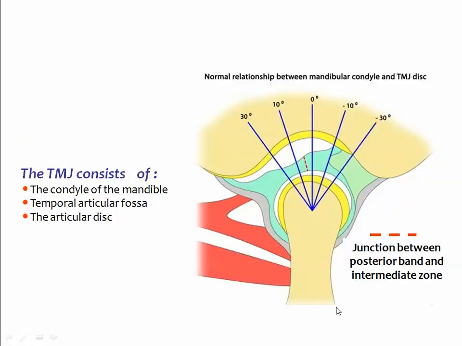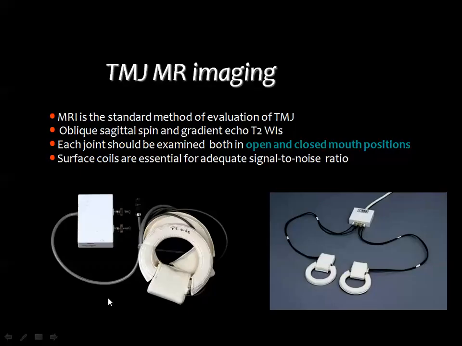Then the temporomandibular joint has three main components: the head of the mandible or the mandibular condyle, the articular fossa on the temporal bone, and the very important structure in between, which is the articular disc. In order to examine the temporomandibular joint by MRI, we should have a dedicated surface coil which enables us to examine both temporomandibular joints at the same time.